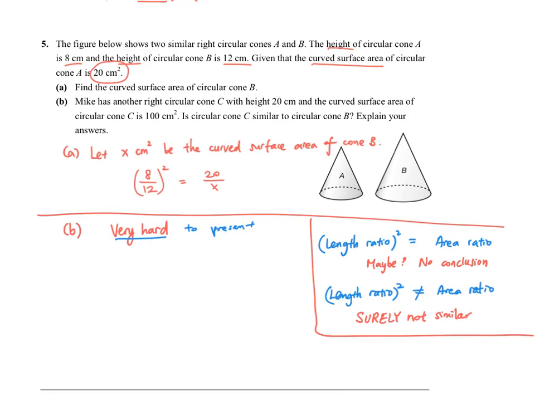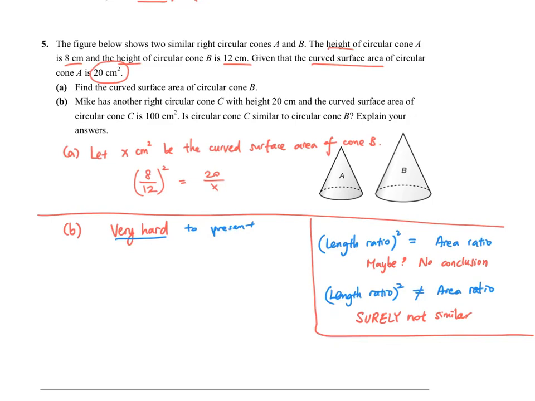However, if you can see that the length ratio squared is different from the area ratio, then you can draw the conclusion. They are not similar. If you see questions like this, I think you can draw the conclusion 100% surely that they are not similar. Otherwise, I cannot ask you.